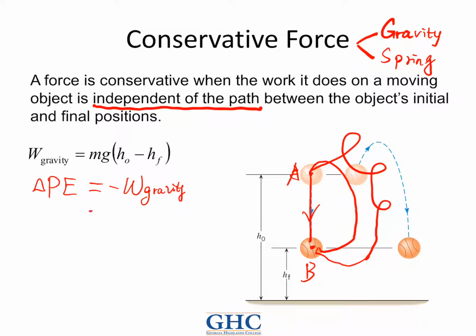So you see apparently it is mg times hf subtract h0, and the change of potential energy is PEf subtract PEi. So for gravity we have PE is mgh.